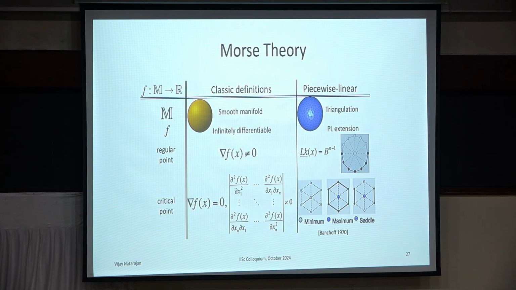So this is a sample of the approach taken towards using some of the ideas from Morse theory in the piecewise linear setting. By transporting all the numerical computations to combinatorial computations, we are able to compute these structures efficiently.